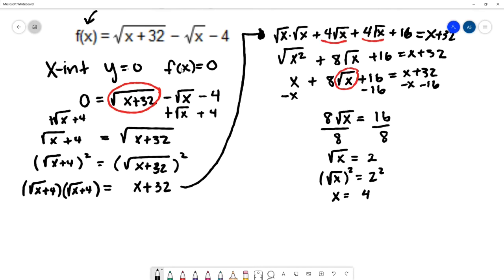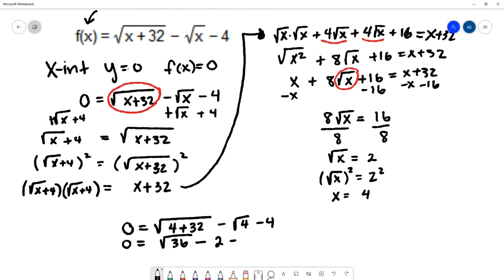So we have 0 equals the square root of 4 plus 32 minus the square root of 4 minus 4. So 0 equals the square root of 36 minus the square root of 4, the square root of 4 is 2, minus 4.